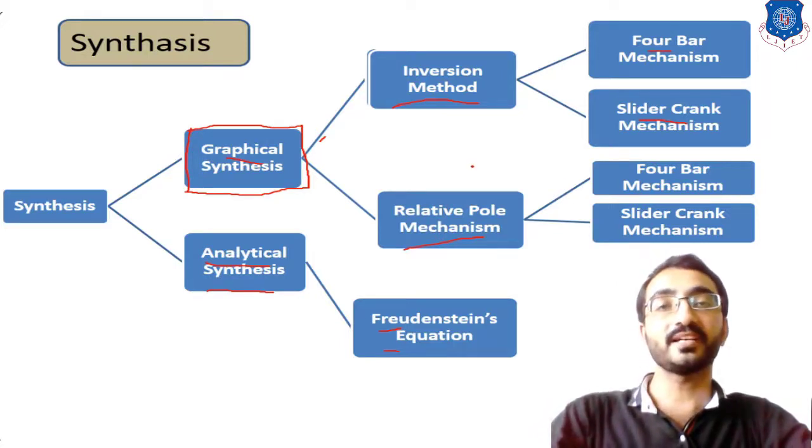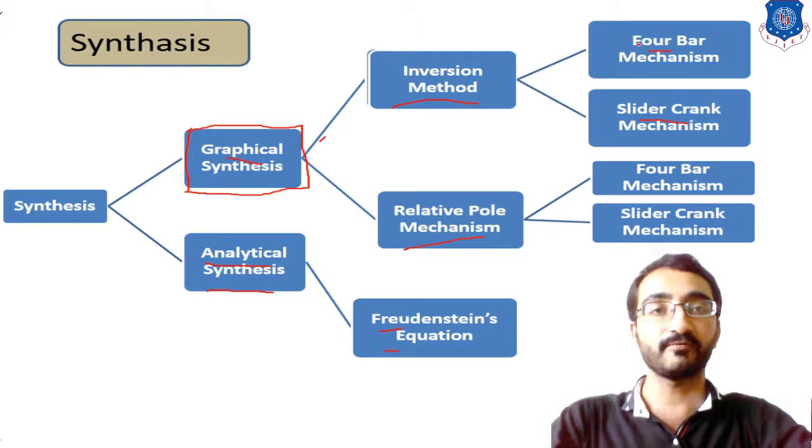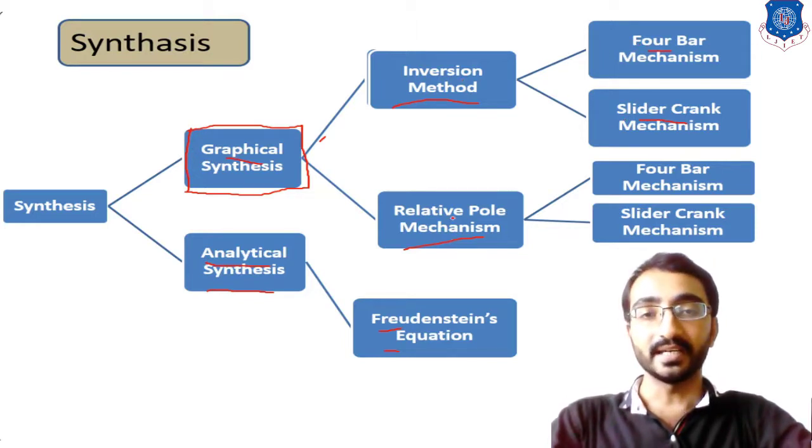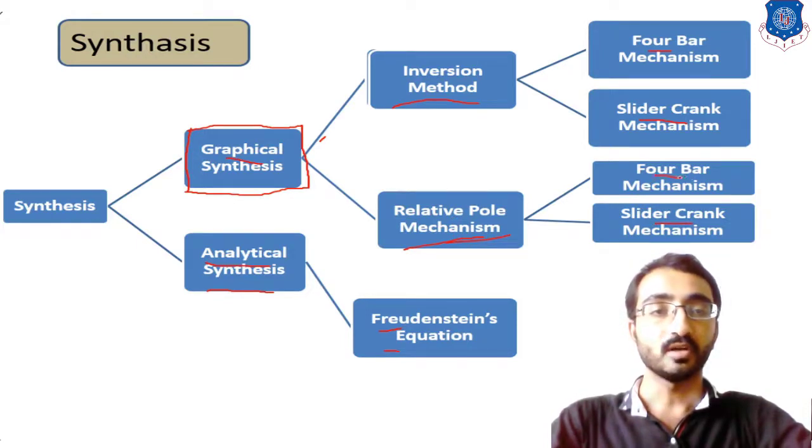Both inversion and relative pole methods can be used to design the 4-bar and slider crank. So we can further divide inversion into inversion of 4-bar and inversion of slider crank, and similarly the relative pole method for 4-bar and for slider crank mechanism. Further, these methods are divided into 2-position synthesis and 3-position synthesis.